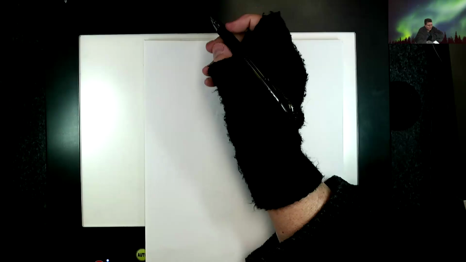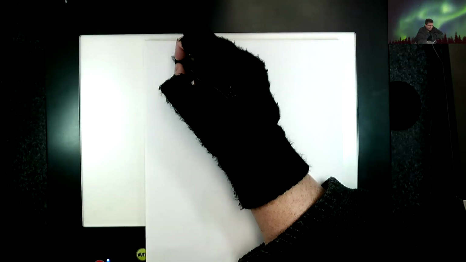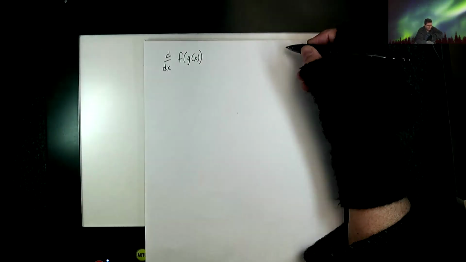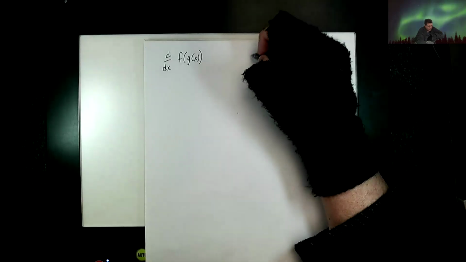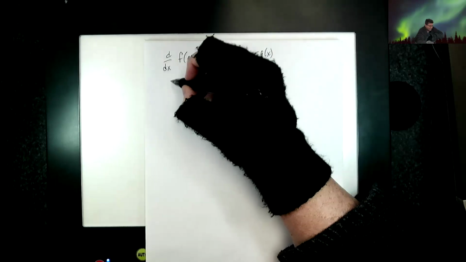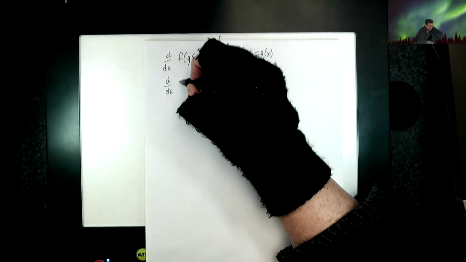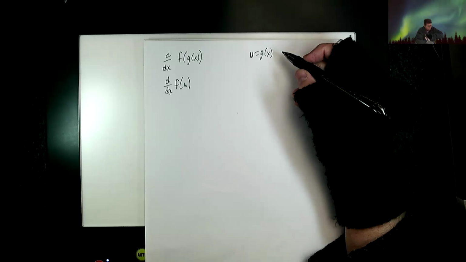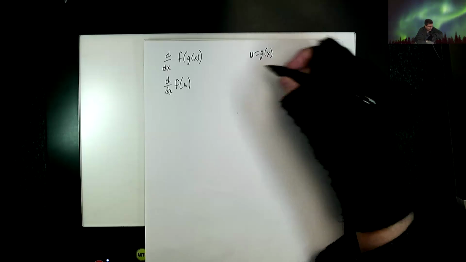Before I do, I'm going to remind you guys when we wanted to do d/dx of f of g of x. This is a chain rule. We would say u equals g of x. So this is like d/dx of f of u, and that's really like a y.